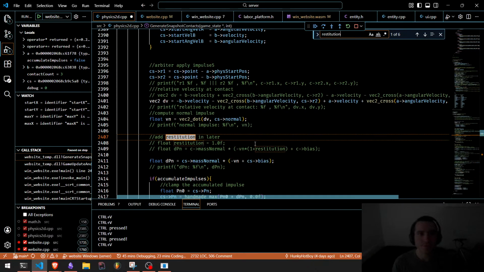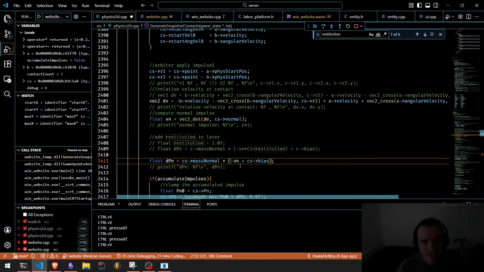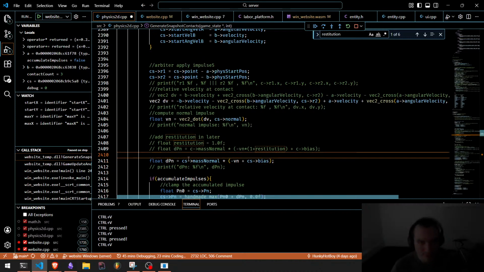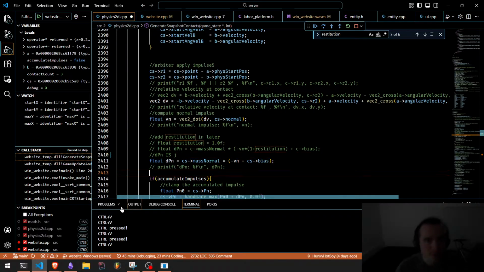Oh, we're not worrying about restitution here. Interesting. We're not worrying about bouncing them off of each other. So we're just treating restitution as if it's 0, in which case what we do instead is we have the relative velocity plus the bias, which is 0, times the mass normal, and that is J. Should probably label all these correctly.